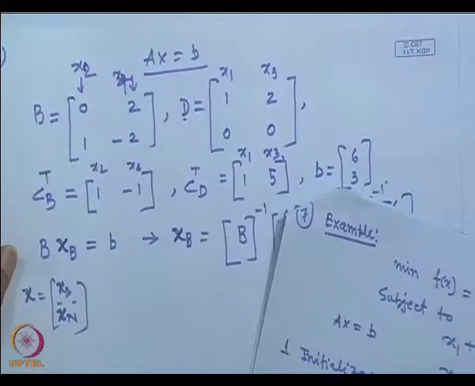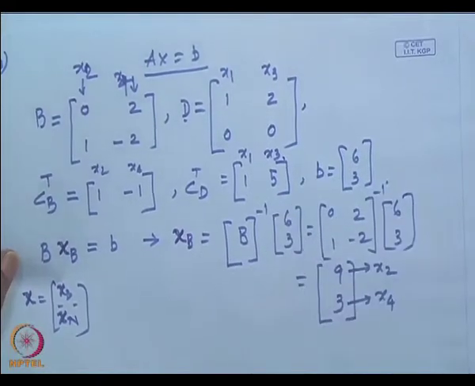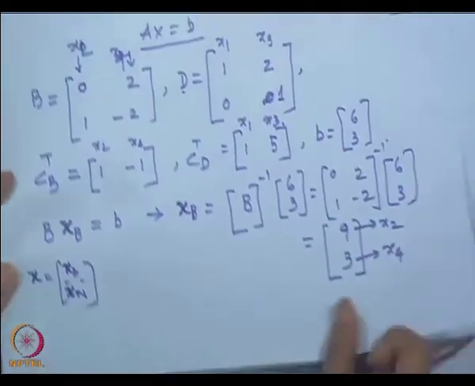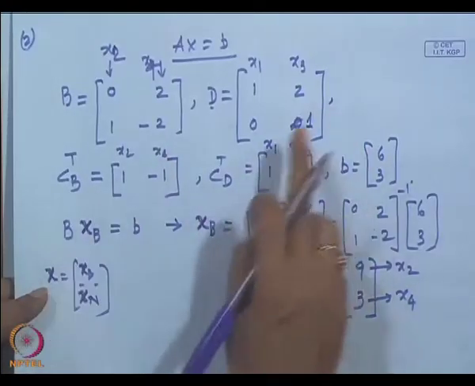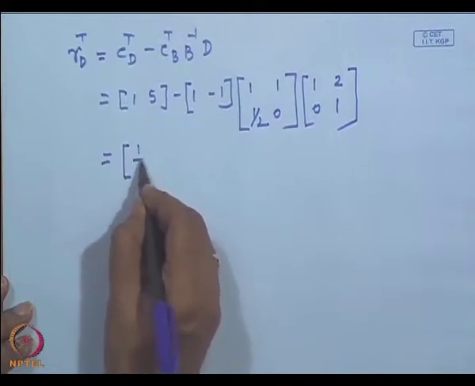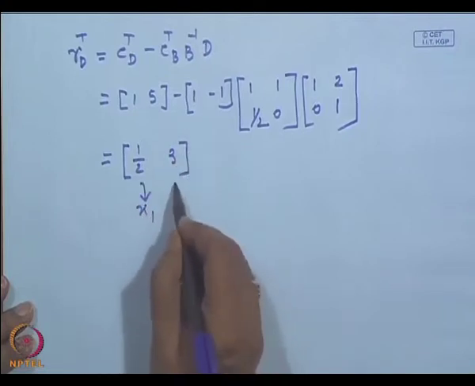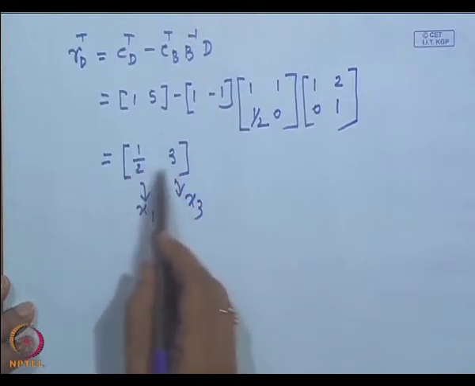This x 1 and x 3, x 1 and x 3. So, this is 1 2 1. So, this value is 1. So, if you see this expression A matrix 1 0 2 1, so this is 2 1, and if you compute this one, ultimately you will get half 3, corresponding to x 1 and x 3, which are non-basic variables, and you see the non-basic variables are positive.